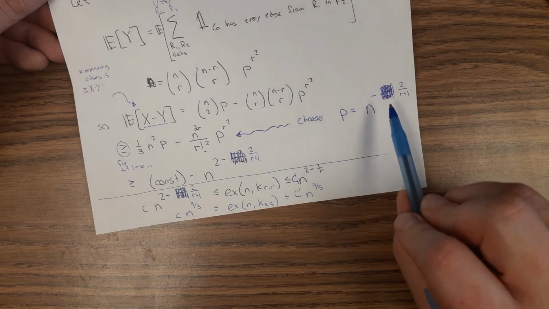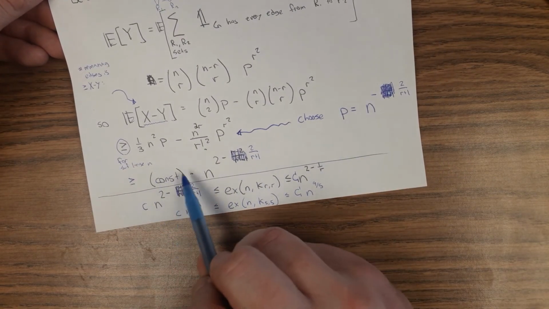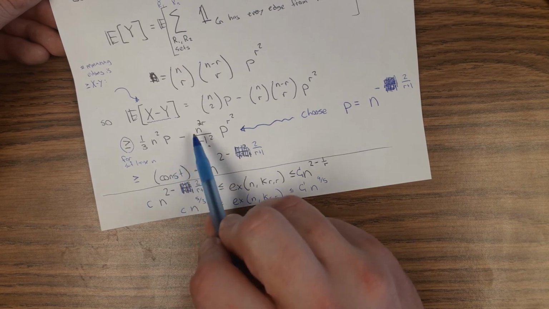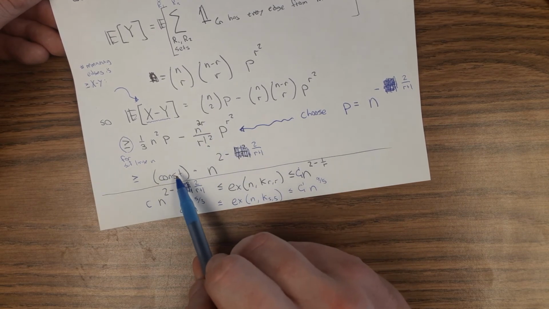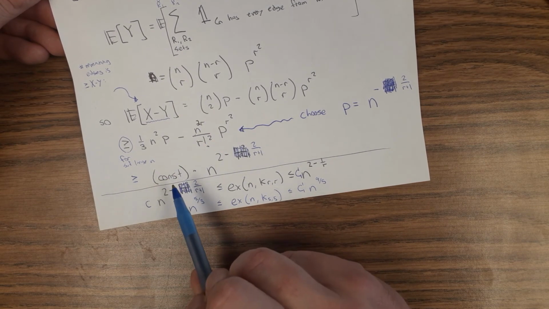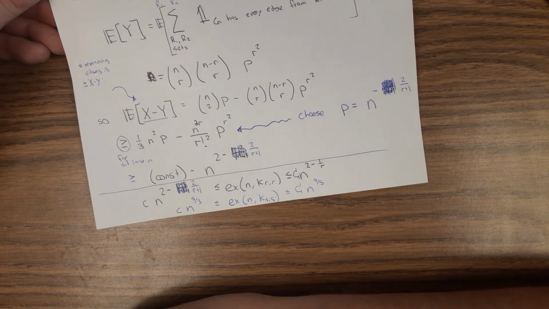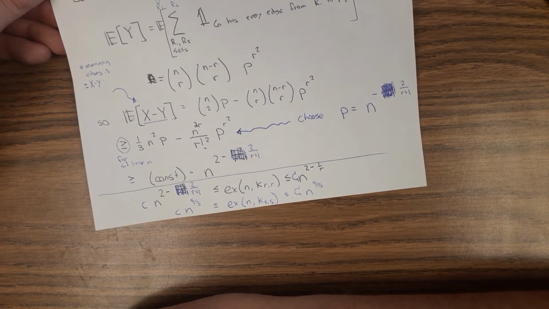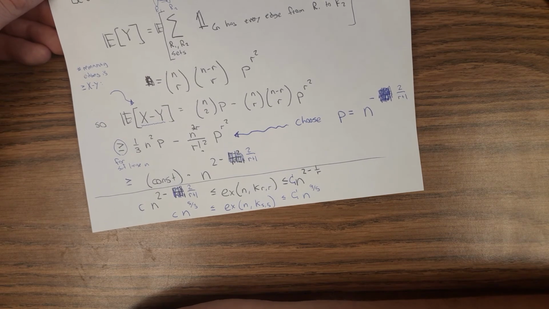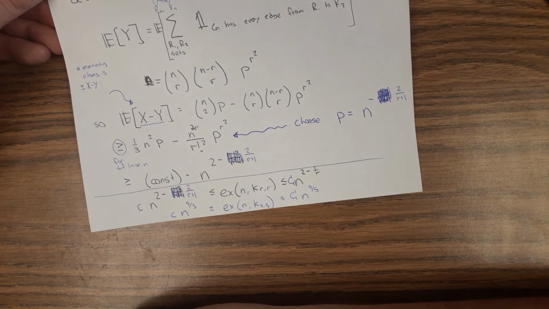Anyway, you plug this in and you get a constant that depends on r, but doesn't depend on n. You get a constant times this power of n, and that's our lower bound on the extremal number of K_{r,r}.